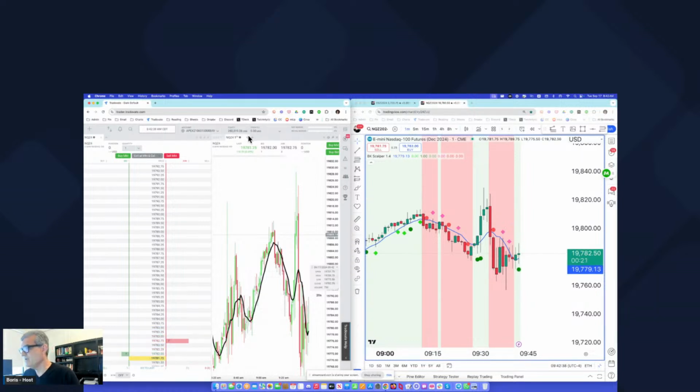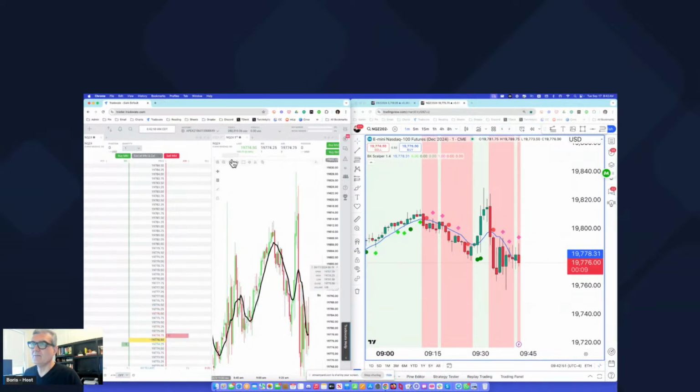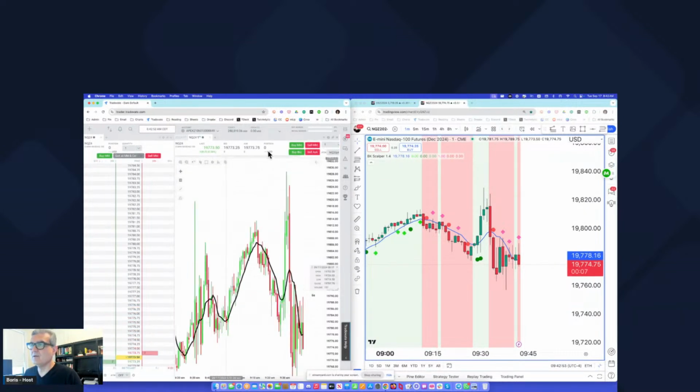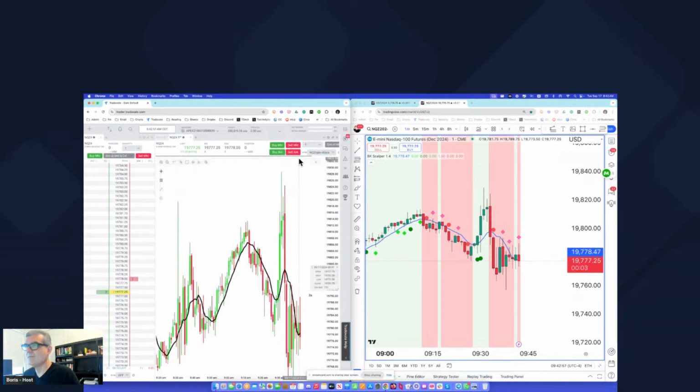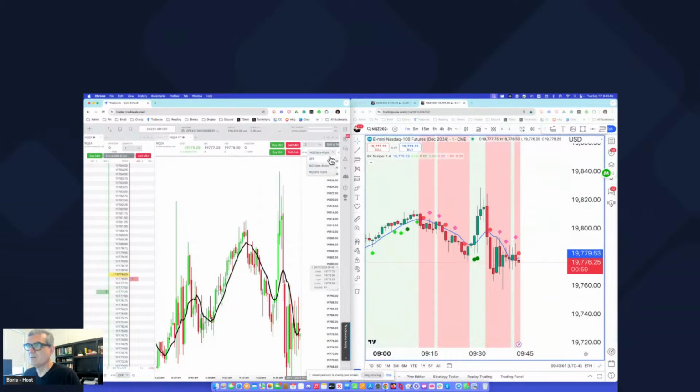I'm in my short account, and I'm looking. Remember, I got stopped on NASDAQ short, and if I get a next short signal right over here, I'm going to double up on this account, and I'm going to sell market.